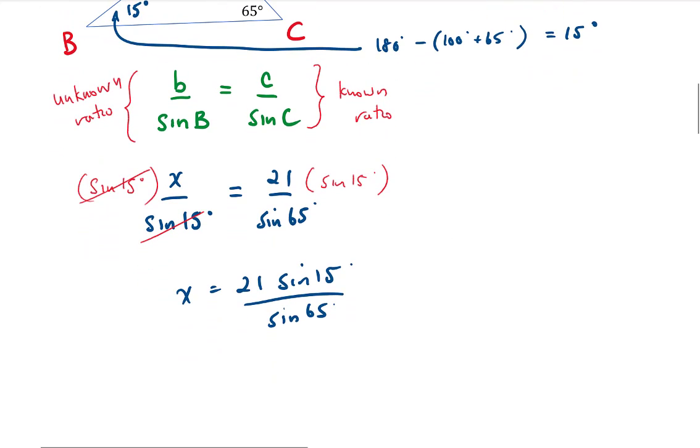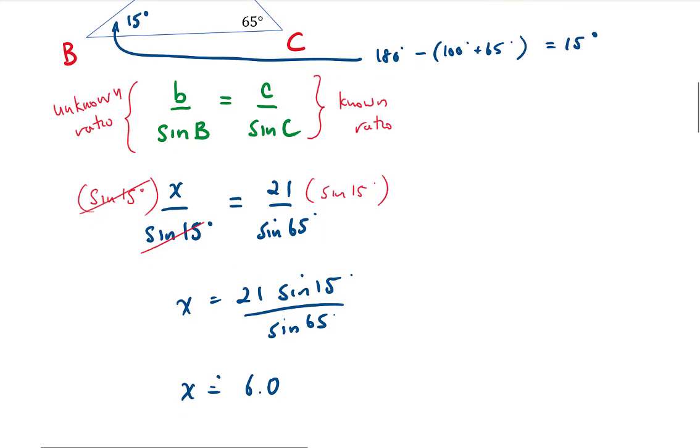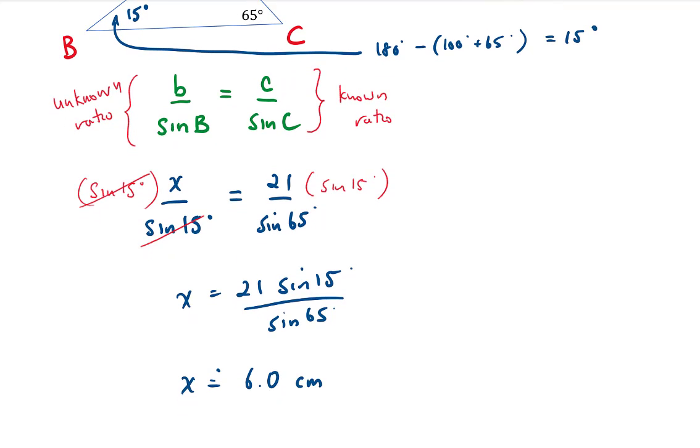Now the rest is calculator work. Type in 21 times sine 15 divided by sine of 65, and I end up with 5.997, so approximately 6.0 centimeters. That is the length of side x.